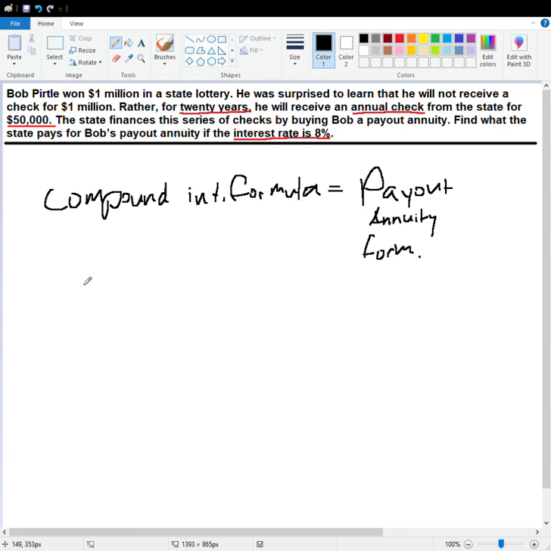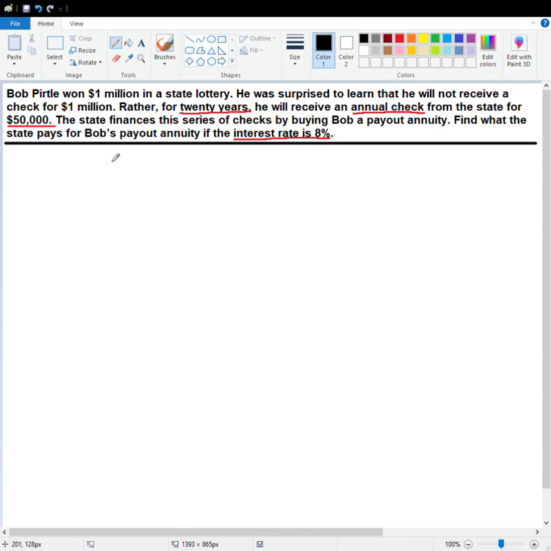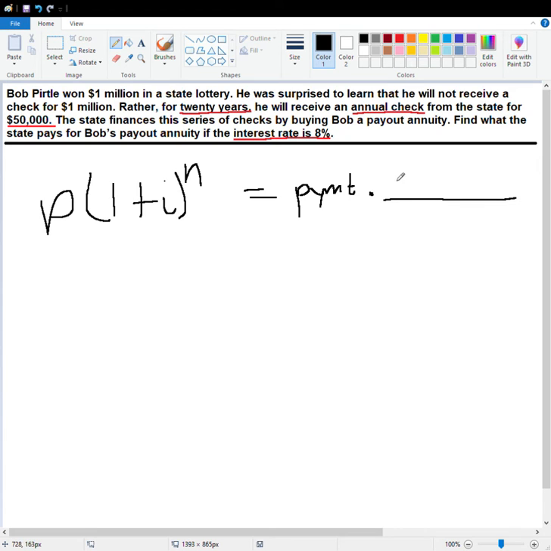As a refresher, the compound interest formula is going to be P times (1 plus I) to the power of n, and we're going to equate this to the payment, PMT stands for payment, times a ratio: (1 plus I) to the power of n, minus 1, over I. You'll notice that this looks pretty much like the compound interest formula, because it is derived from the compound interest formula.